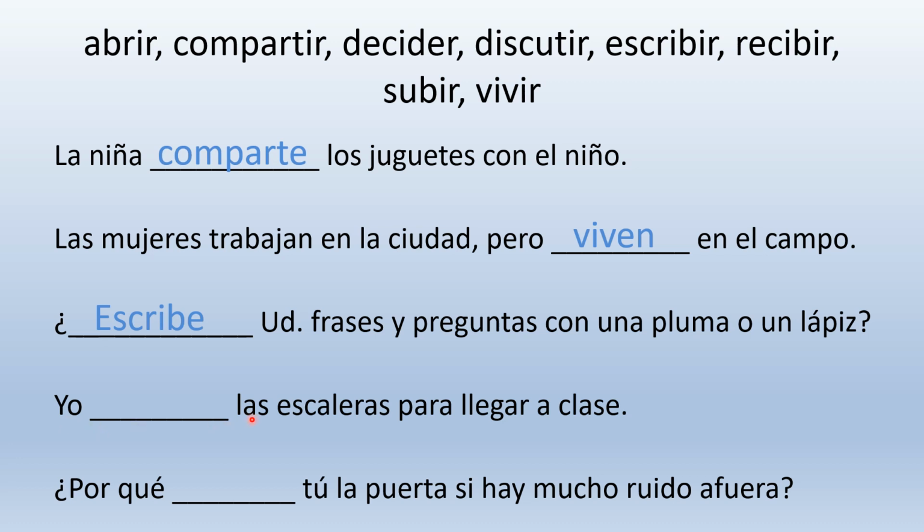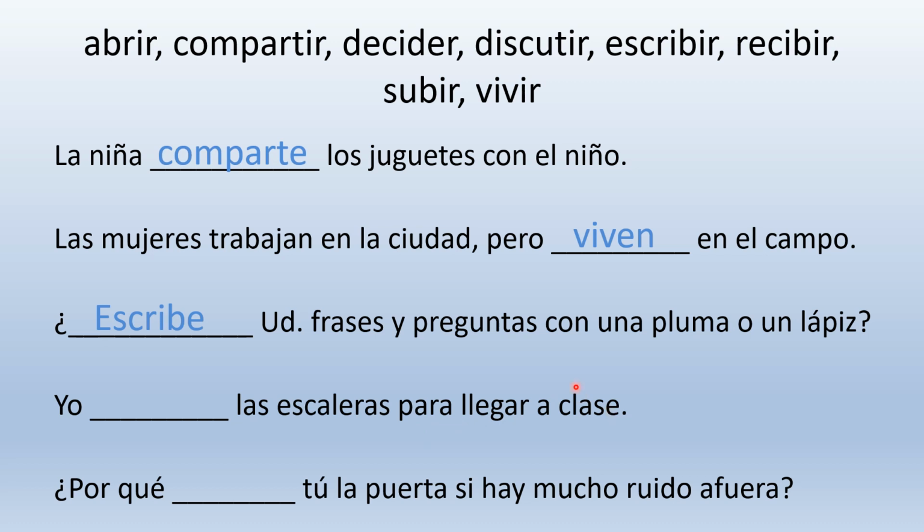Now, the next example is yo, I, okay? Yo something, las escaleras. Las escaleras, the stairs, okay, the stairway. Para llegar, so para means in order to, or we could translate it in English as simply to. Llegar, you just learned, to arrive or to get somewhere. A clase, to class. So I something the stairs to get to class.